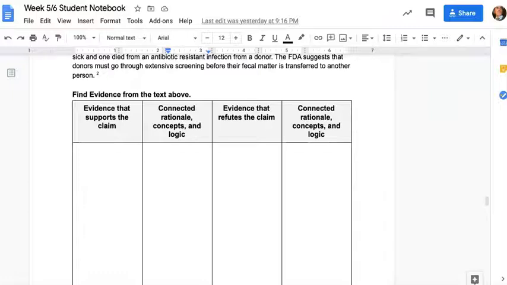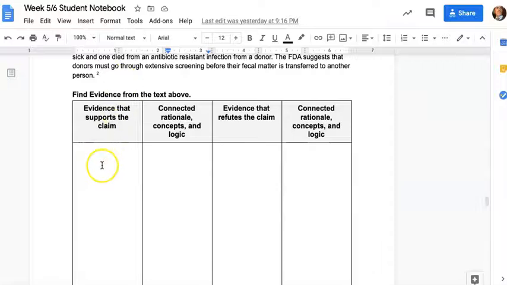And this is why, if anybody knows about the craze of probiotics, or people eating kimchi and kombucha, all of these fermented foods are designed for digestive health. And so scientifically, we're finding more and more evidence that how your gut bacteria, how your microbiome is, affects many other features of your health. So with that in mind, if you want to research more before you make your claims here, feel free.